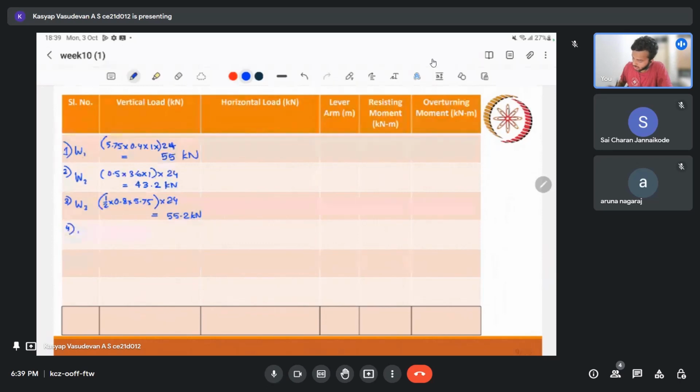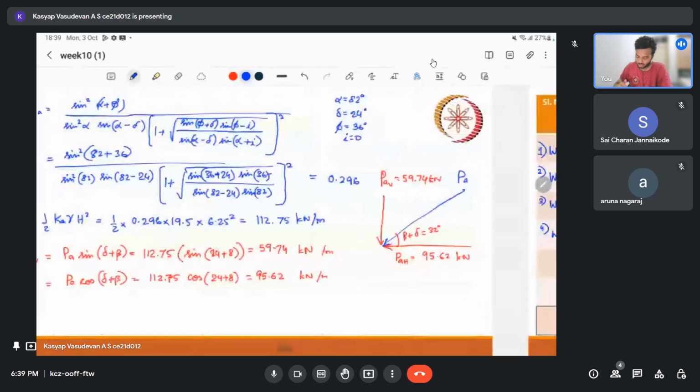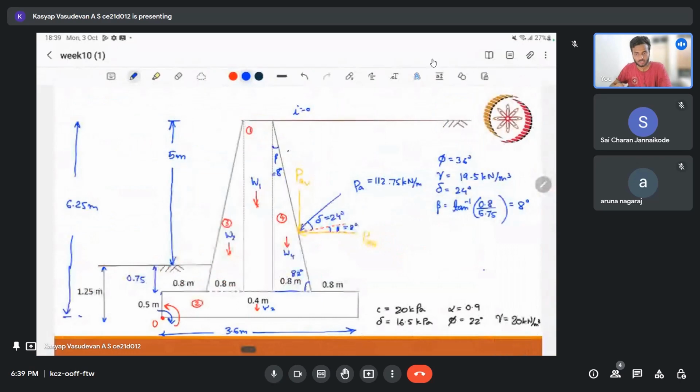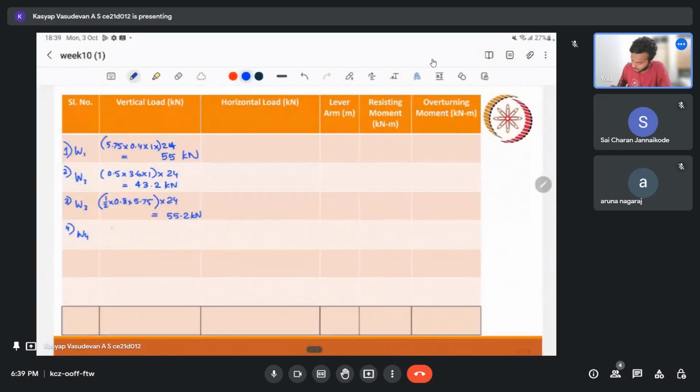We all know that the fourth one, this triangle, is also of the same dimension. So the volume will be the same, so this will also be 55.2 kilonewton, that is half into 0.8 into 5.75 into 24.